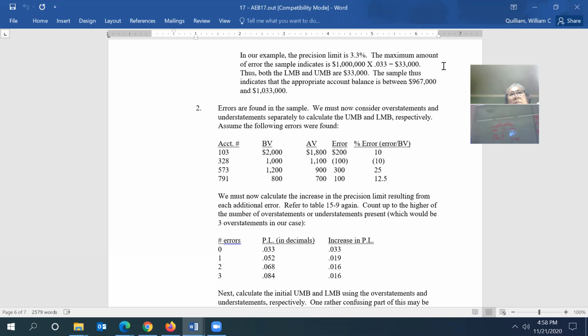How much exactly, we don't know unless we do what again? Sample everything. So again, up to $33,000 in the statement of population. And do these numbers make sense? Okay.